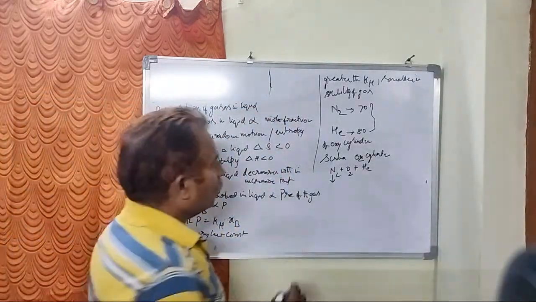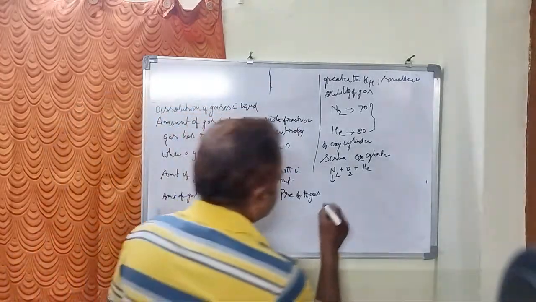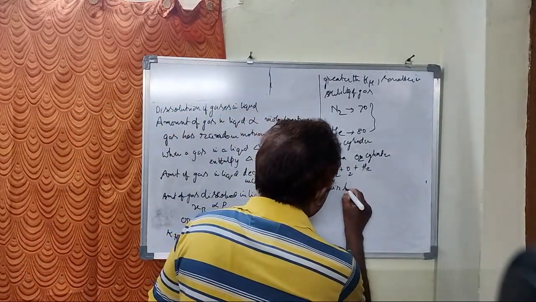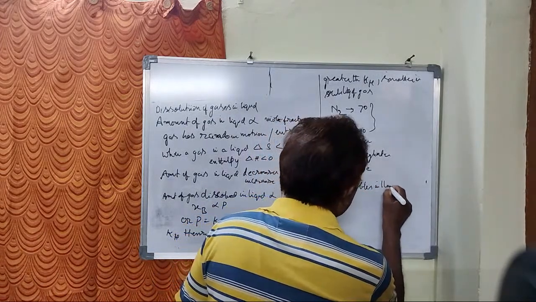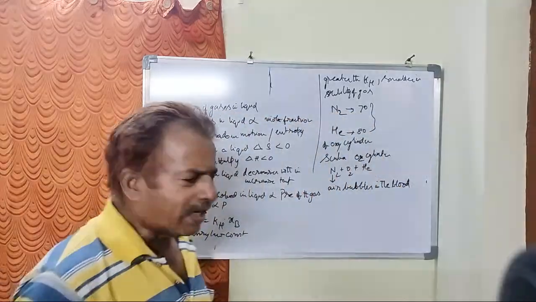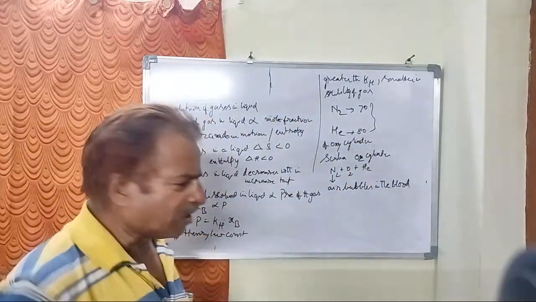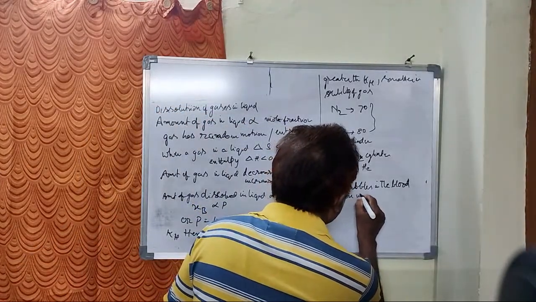When they come out, what happens? All of a sudden the dissolved gas comes out. Therefore, this causes air bubbles in the blood. Because air bubbles are created in the blood, pain is created in joints.